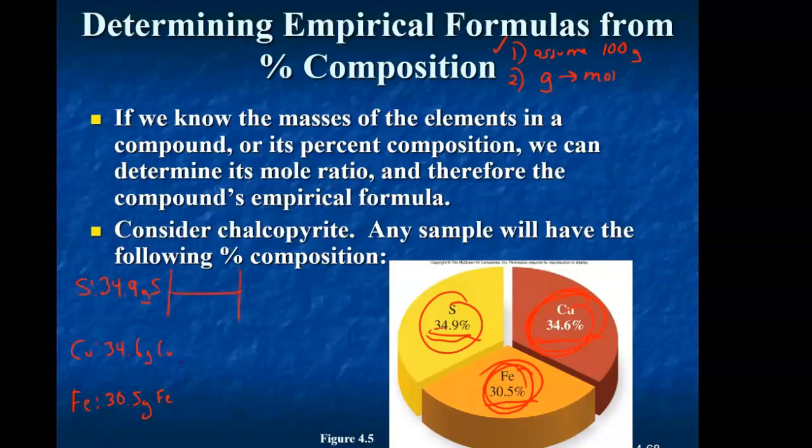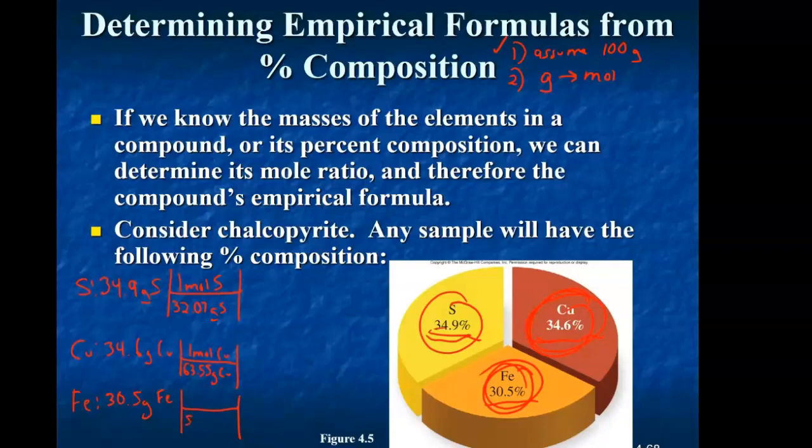See, I'm doing it like a little factory here. It's an empirical formula factory. And the only way we can go from grams to moles is to use our periodic table. So I'm just looking at that decimal number on the periodic table: grams of S and 1 mole of S. Cu is 63.55 grams and 1 mole of Cu.